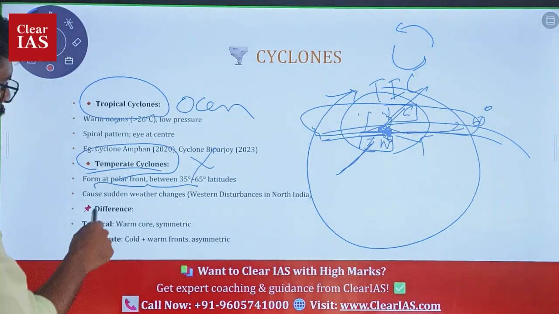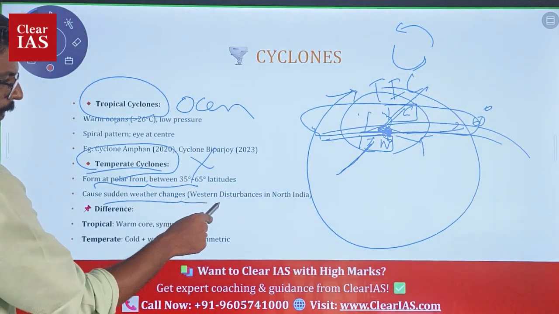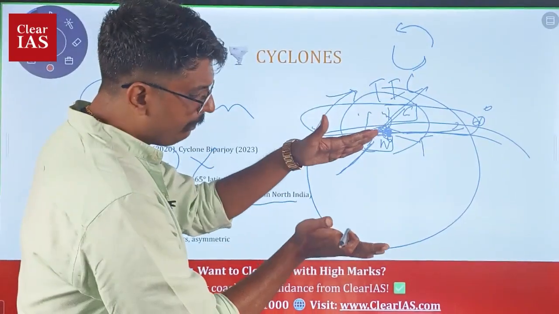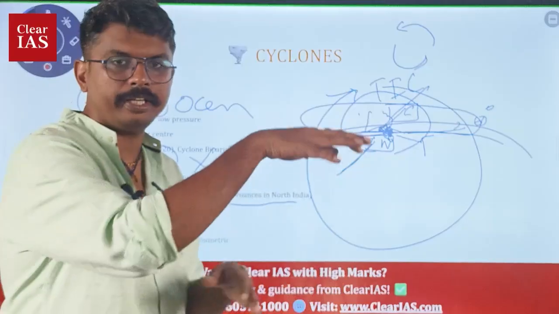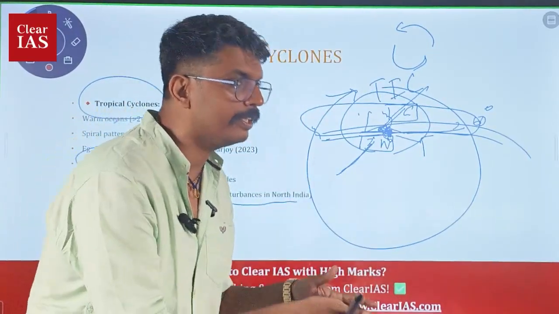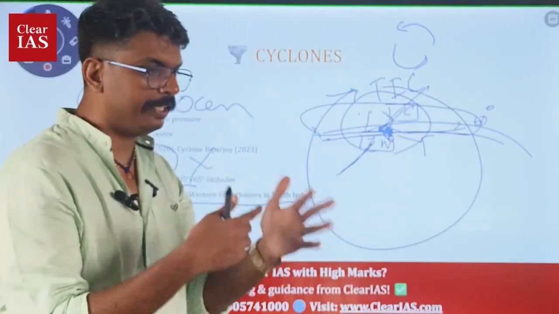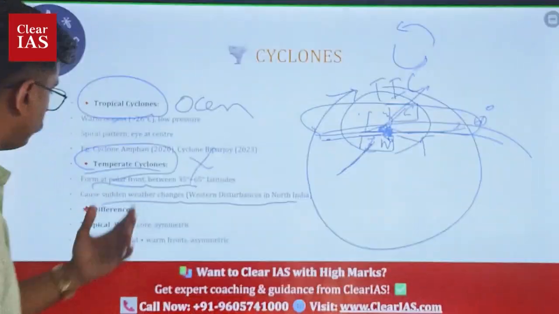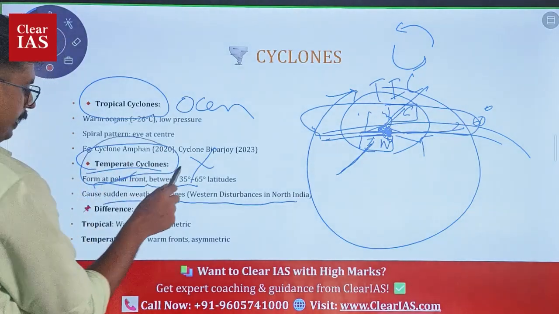Then they cause sudden weather changes, like western disturbances in northern India. When these air masses come and start rotating, you can see sudden changes. For example, the temperature suddenly decreases, then you have rainfall, then the temperature slowly rises. So you can see sudden changes in temperature in the case of temperate cyclones.